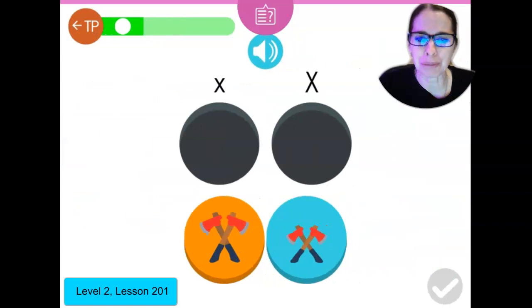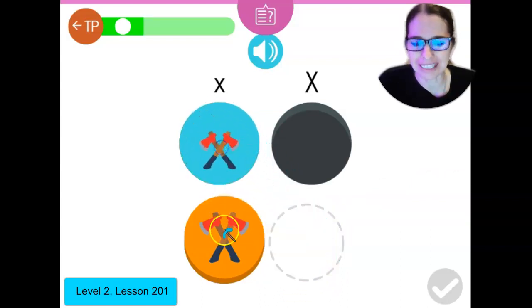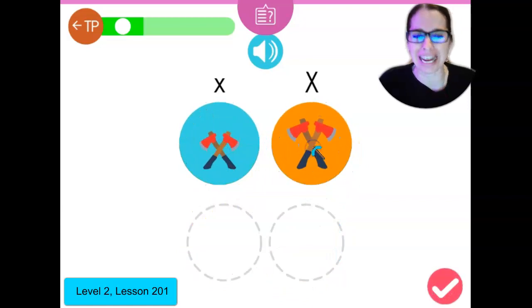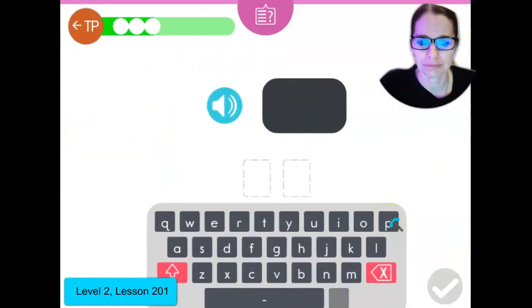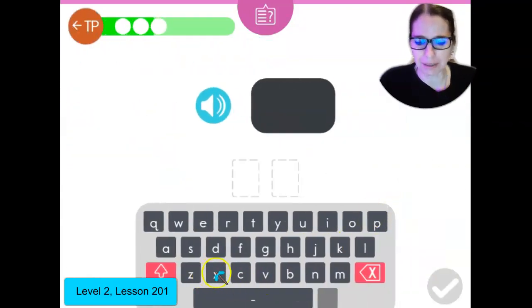Now we are shown both spellings for this sound, X, as in axe. The pictures are very similar. One just has a smaller picture of the two axes crossed over. Now I am going to type the two spellings for the X sound.